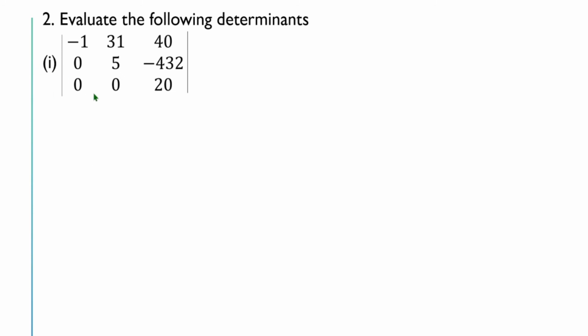Here when we see this determinant, it is better to expand this determinant along the third row, because here third row has got more number of zeros, so it will be easy for us to simplify. So we can expand this determinant along third row.